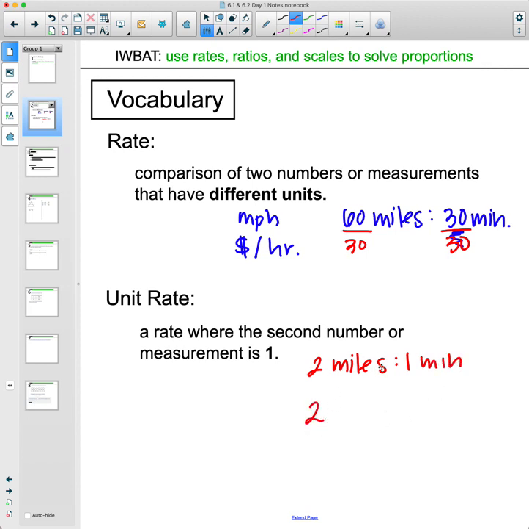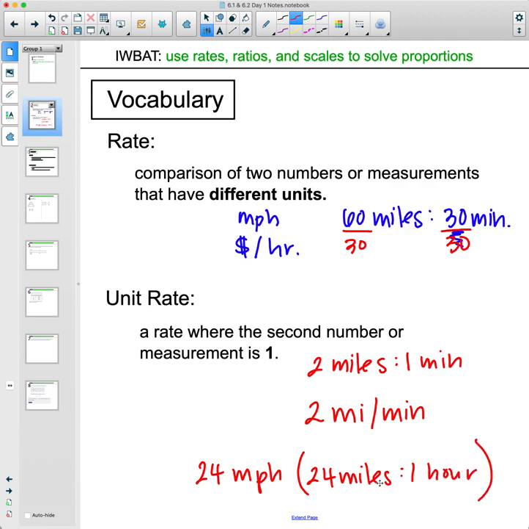You can write it as miles per minute. This is a unit rate where the second number is equal to 1. If you're saying 24 miles per hour, that's a unit rate. It can be written out as 24 miles per 1 hour.